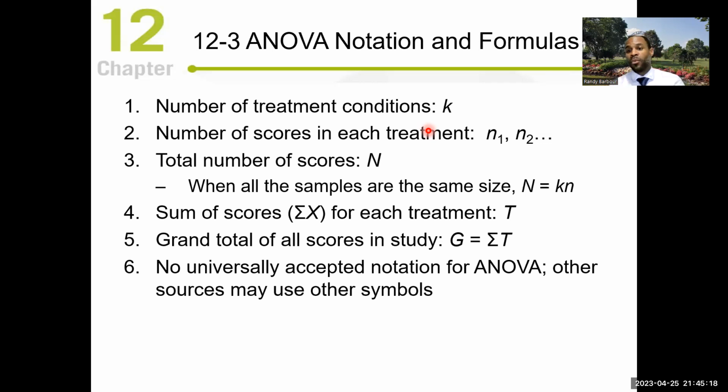When we do find a significant difference in one-way ANOVA, all we know is that there is a significant difference, but we don't know where that difference is.